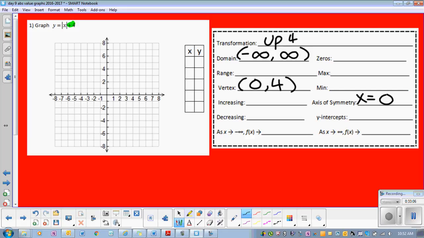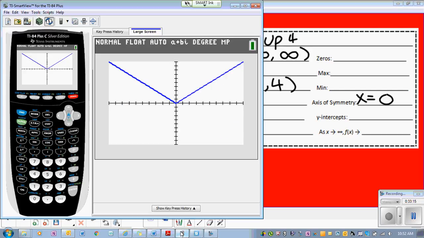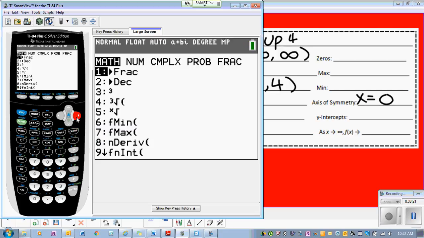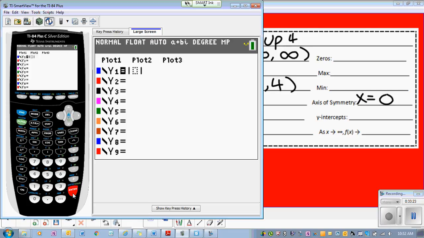So now let's go in our calculator, and we're going to put in y equals the absolute value of x plus 4. So I'm going to go back to y equals, put in math, number, abs. If you get parentheses, that's okay. That means your bar started.